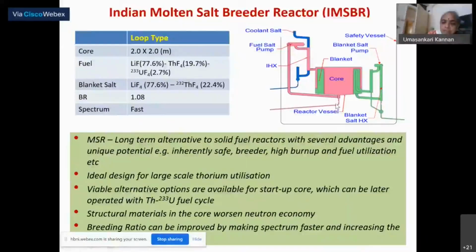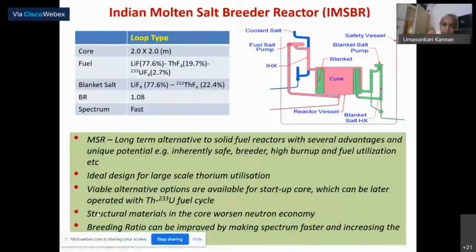So suppose I take a fuel from this core and keep it outside the core for some required amount of time, all the Pa233 will get decayed to uranium 233 and it can be pumped back into the reactor. So you have a simple online processing. Just allow the protactinium to decay to uranium 233 and pump it back into the reactor. It sounds very simple, but it's a very, very complicated design to achieve.